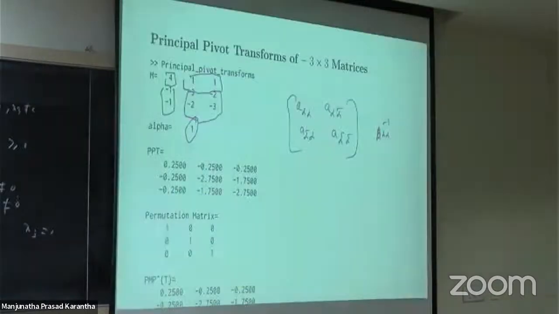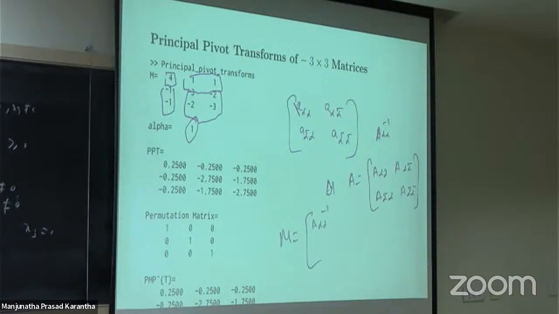What do you want me to write? Here the same name is there, so here you can write the demand. Instead of A, I can call it A, then it will be clear. So A alpha alpha, A alpha what, alpha and A alpha what beta. And then you have to get the PPT. So this will be A alpha alpha inverse.